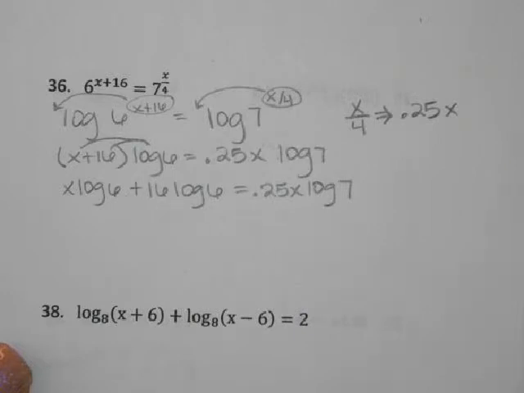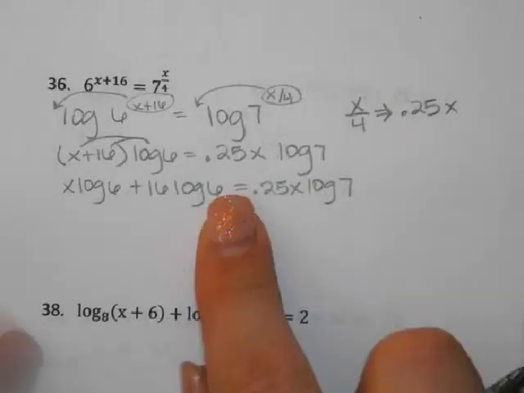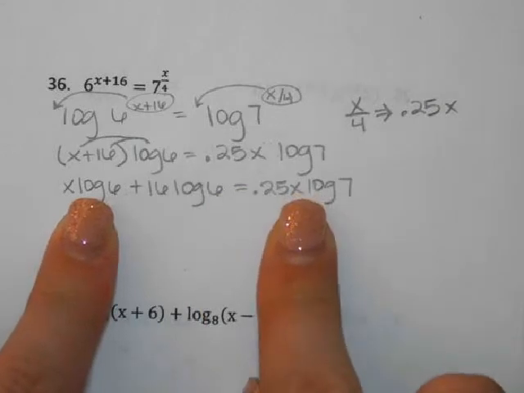And then what should I do? Yeah, I want the variables to be on one side. So right now I've got an x here and an x over here. Do you guys want to move them all to the left side or all to the right side?